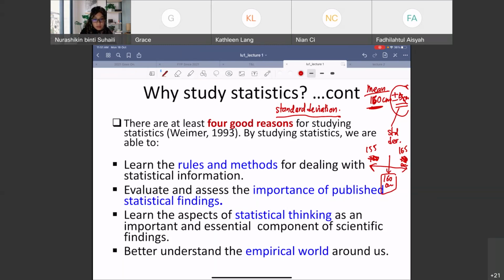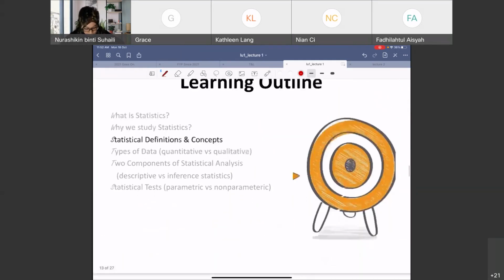Learn the rules, evaluate and assess the importance of published statistical findings, learn the aspects of statistical thinking, and better understand the empirical world around us, particularly in science. So for us to understand science better, that's the importance of statistics.